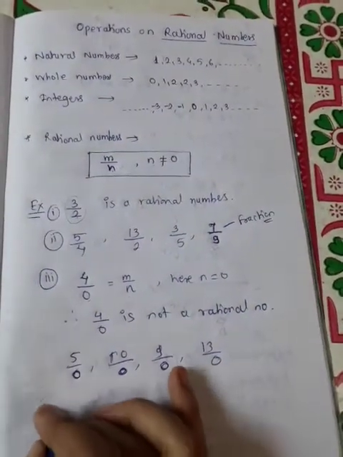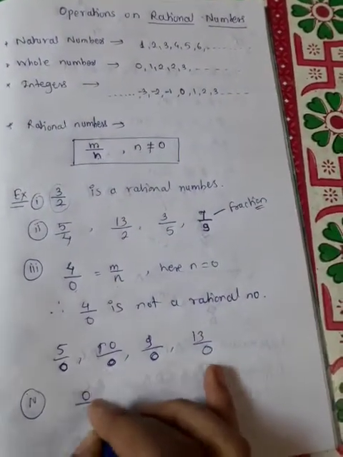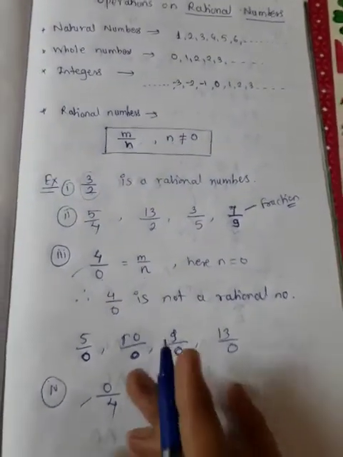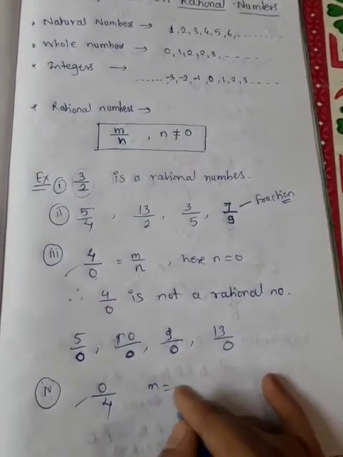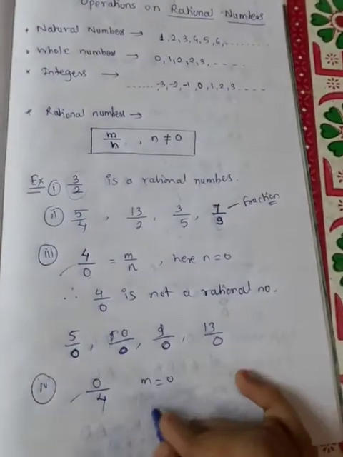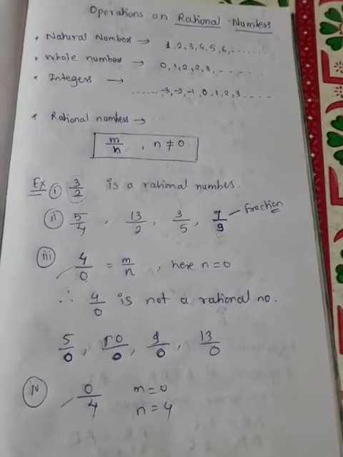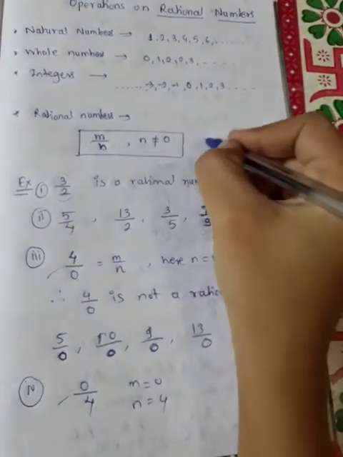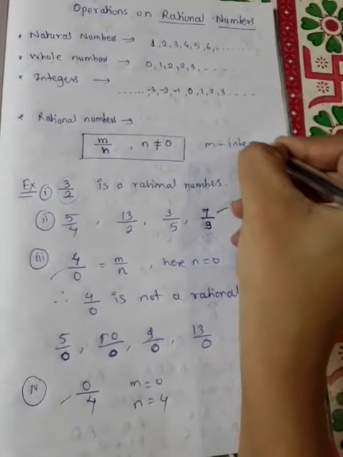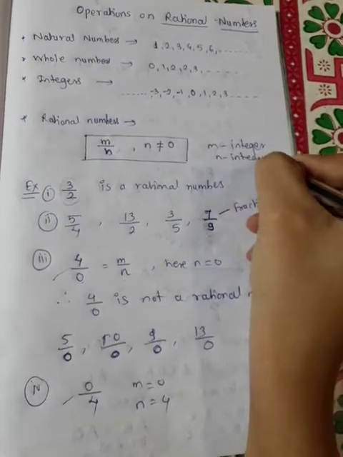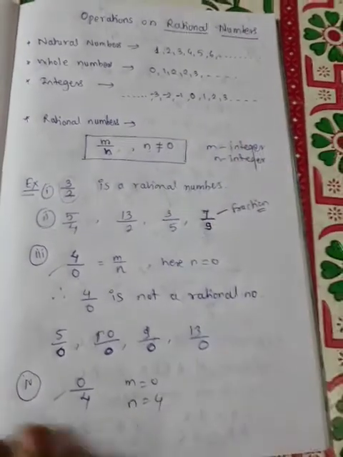Now see next, if we take 0 by 4 instead of 4 by 0, here m is equal to 0 and n is 4. A rational number is in the form of m by n, where m is an integer, n is an integer, and n is not equal to 0.